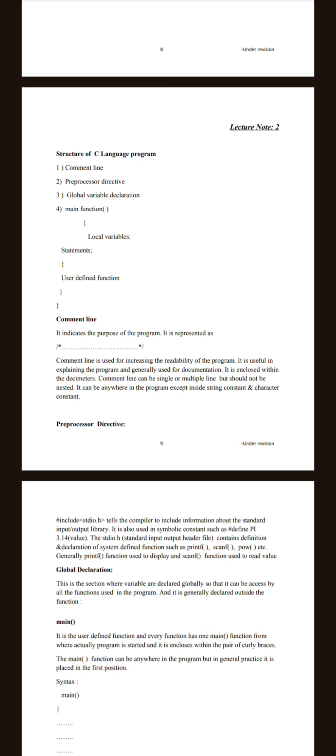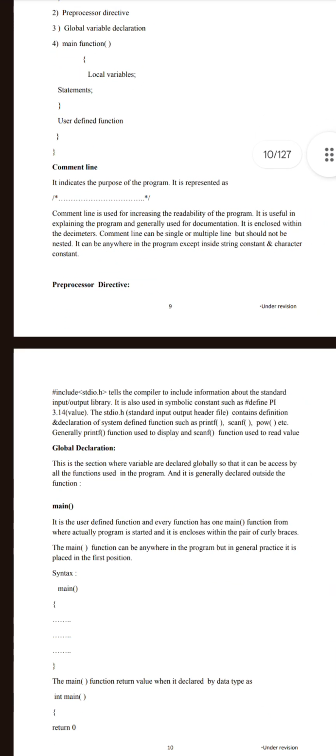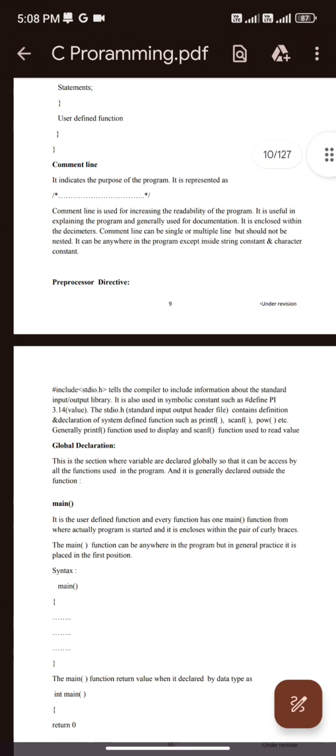So next one is preprocessor directive. Preprocessor directive is #include. In every program there will be a preprocessor directive. For example, #include stdio.h. I think everyone is familiar with this. It tells the compiler to add a particular library function from the library.